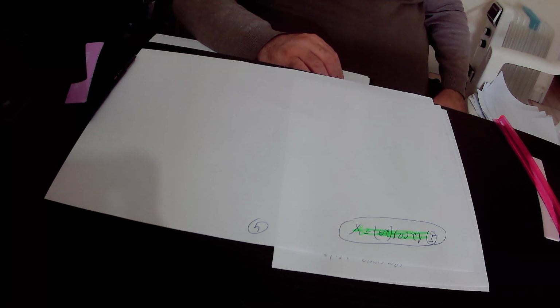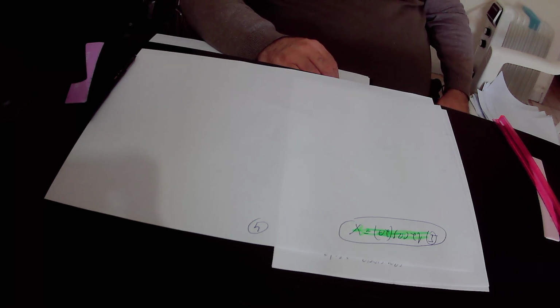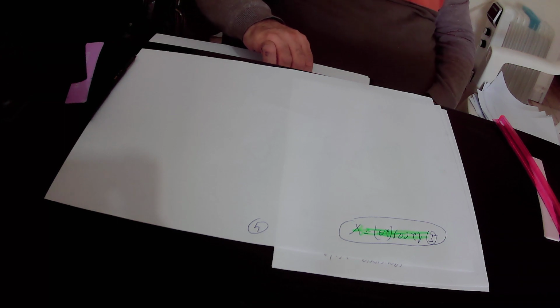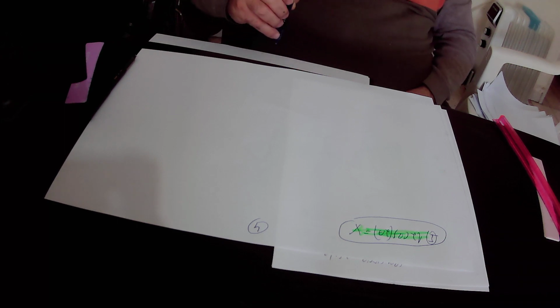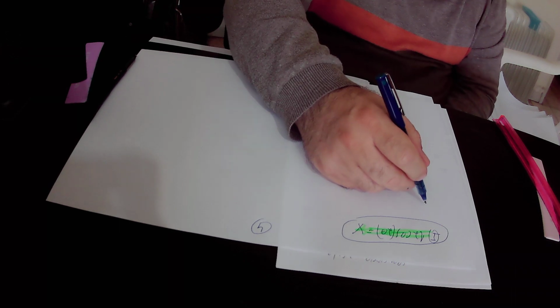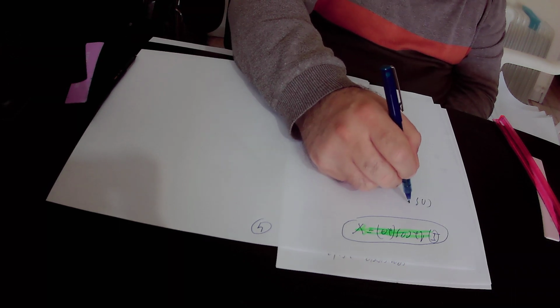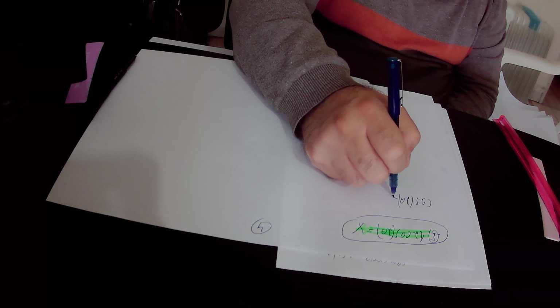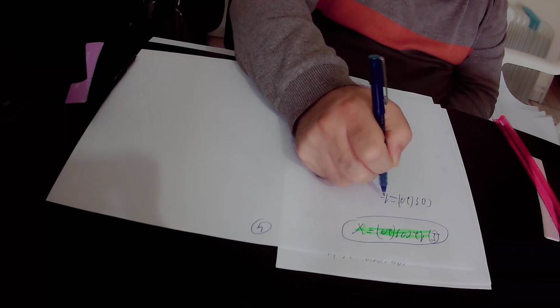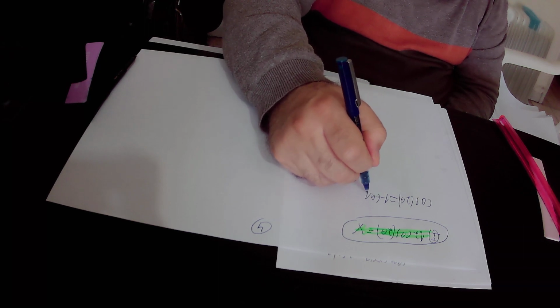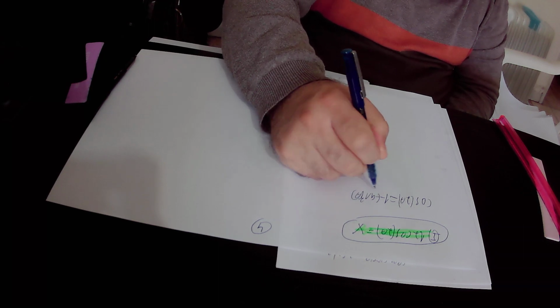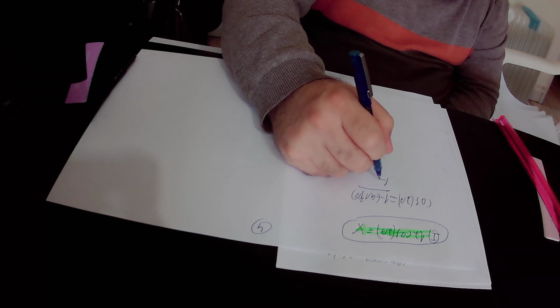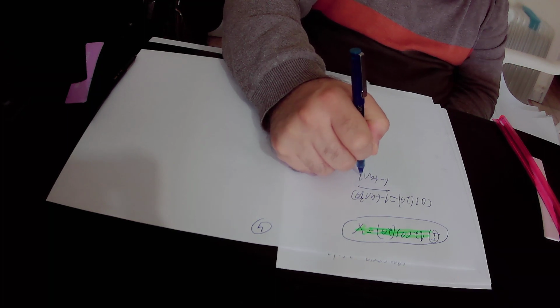So in order to find the value of cosine 2 theta, I will present to you the trigonometric identity for cosine 2 theta. According to the following trigonometric identity, cosine 2 theta equals 1 minus tangent square theta over 1 plus tangent square theta.